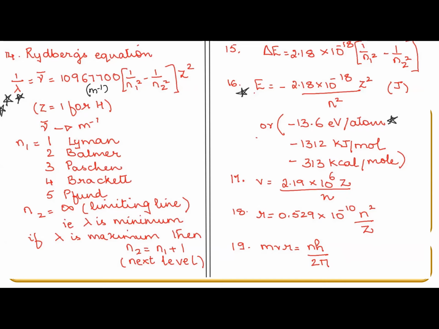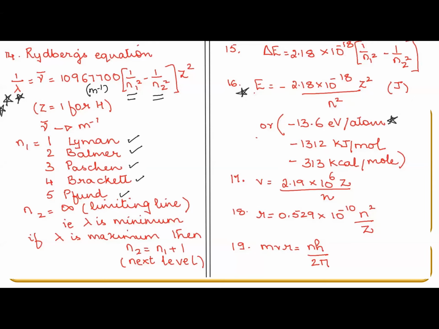Now here, one more mistake that children make is they don't know what to take as n1 and what to take as n2. n1 is the lower energy state and n2 is the higher energy state. The number itself indicates that, right? So if we say the lower energy state, we know the different series for the hydrogen spectrum: Lyman, Balmer, Paschen, Brackett, and Pfund.